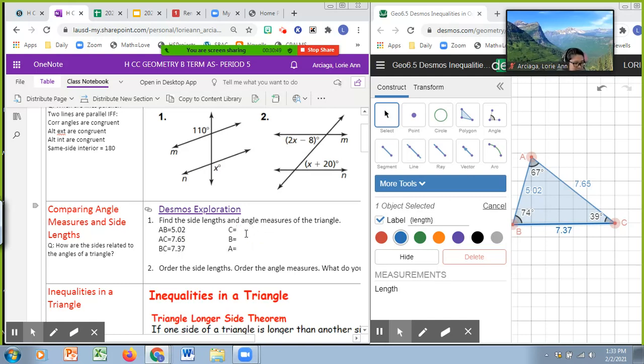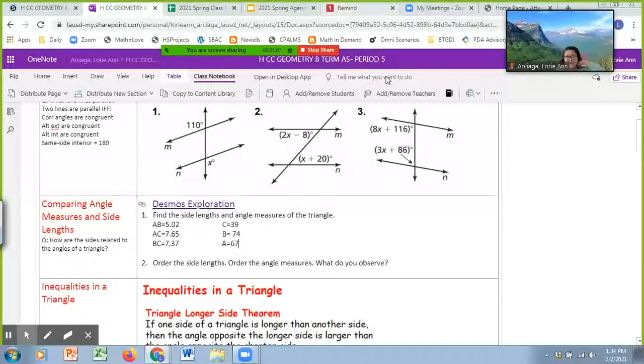Okay. Then angle C is 39. B is 74. And A is 67. Okay. All right. So that's number one.